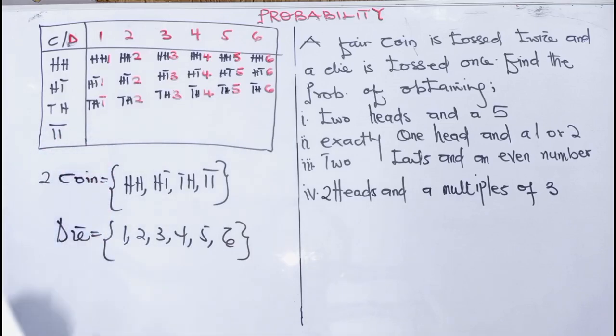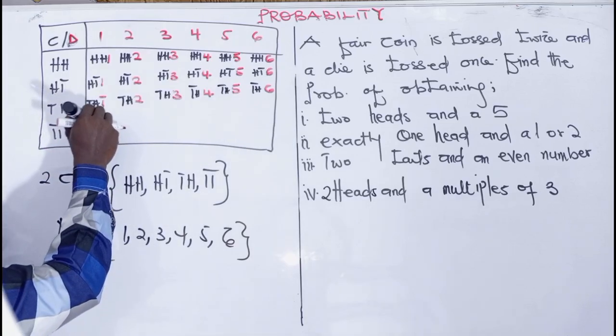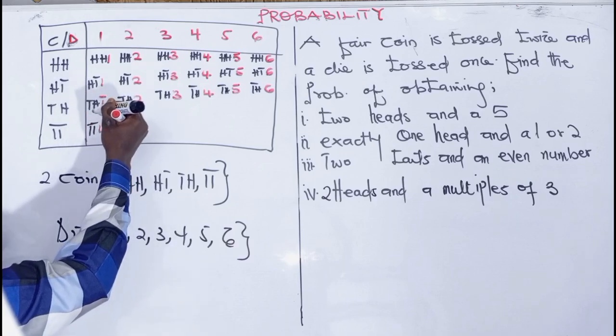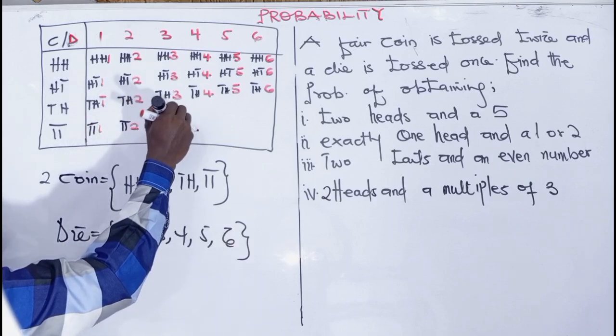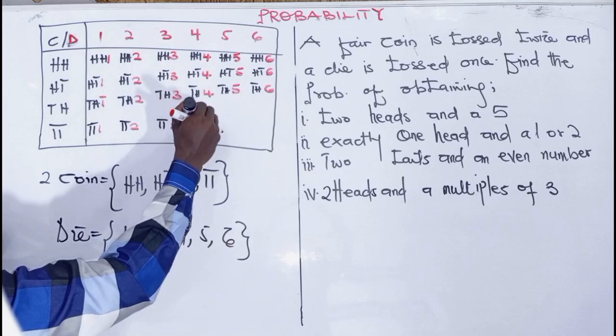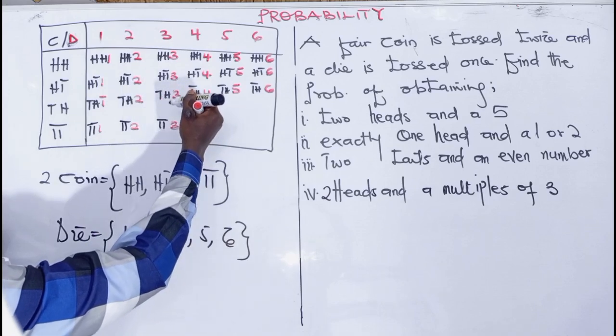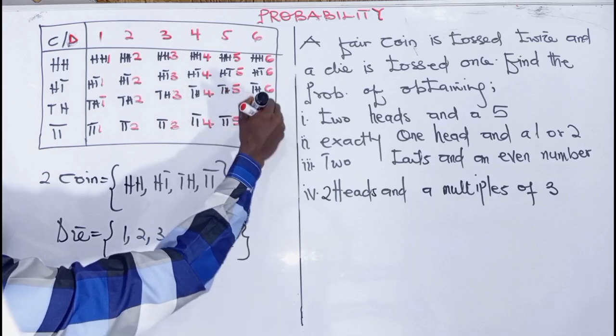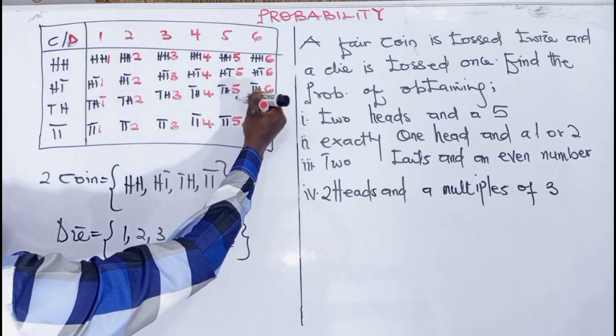Then move on to the last one: tail-tail, the number 1, tail-tail, the number 2, tail-tail, the number 3, tail-tail, the number 4, tail-tail, the number 5, and tail-tail, the number 6.